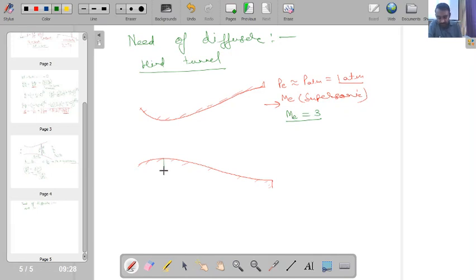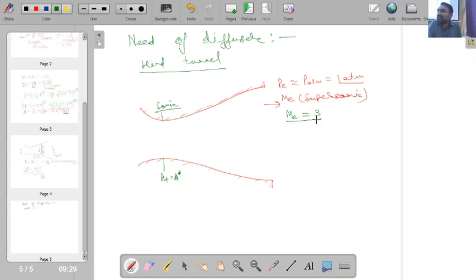I know the nozzle throat area, AT, which will be equal to A star, because if the flow has to be supersonic, then at the throat I must have a sonic condition. So AT is equal to A star.